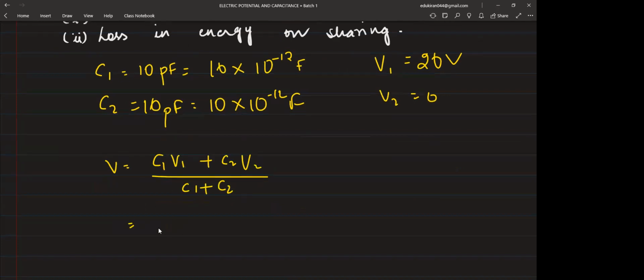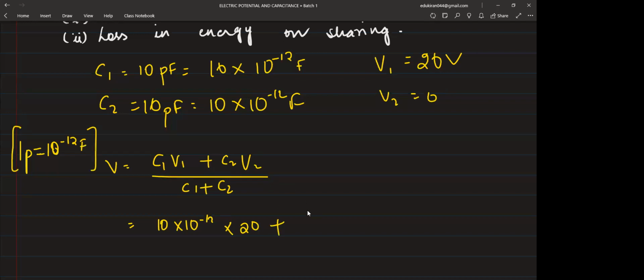So C1 is 10 into 10 to the power minus 12 farad. Voltage is 20. See, pico we have to convert. 1 pico is equal to 10 to the power minus 12 farad. Plus C2 is 10 into 10 to the power minus 12.